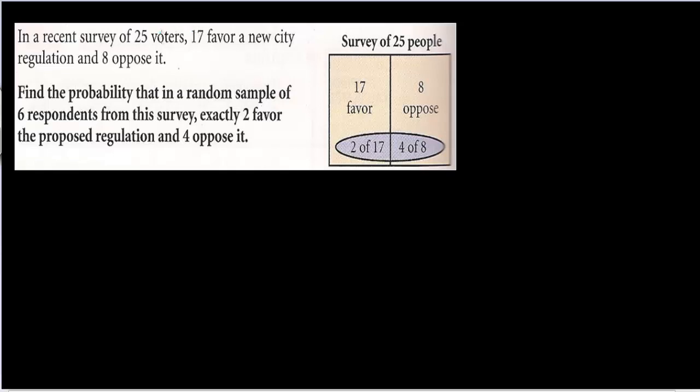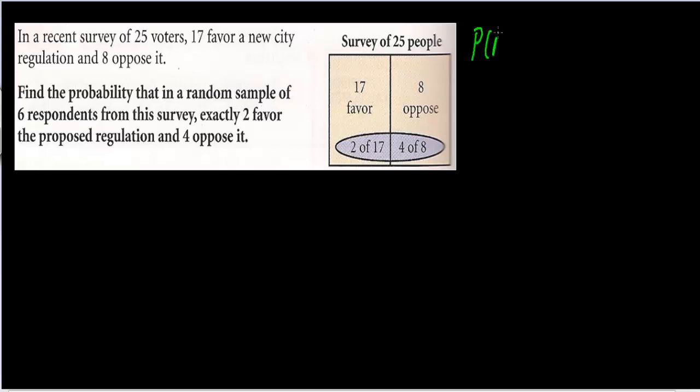For this example, we're going to combine what we know about combinations and try to figure out the probability. Before we start talking about the problem, I'm going to come to the side here and remind you what probability is.